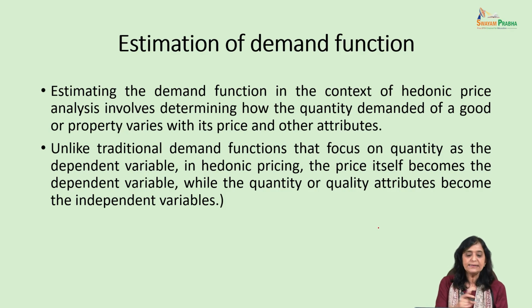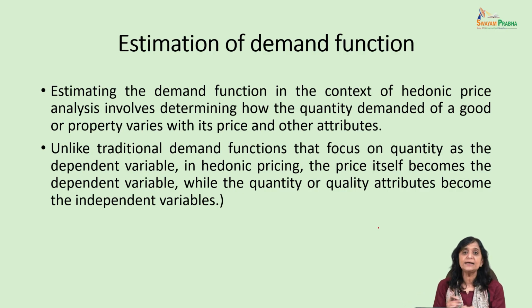So unlike other demand functions that focus on quantity as a dependent variable, in hedonic pricing, price itself becomes a dependent variable, because the price of the residential property is dependent on environmental characteristics, on the structural features, and on the neighborhood characteristics.